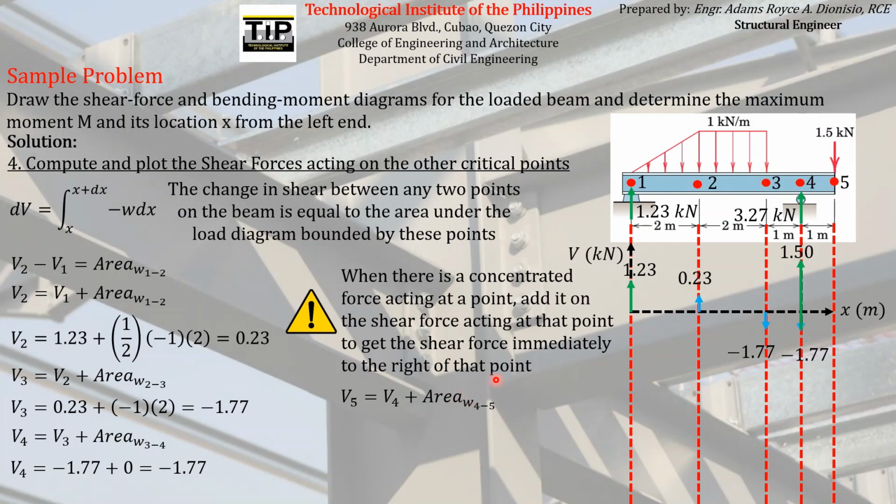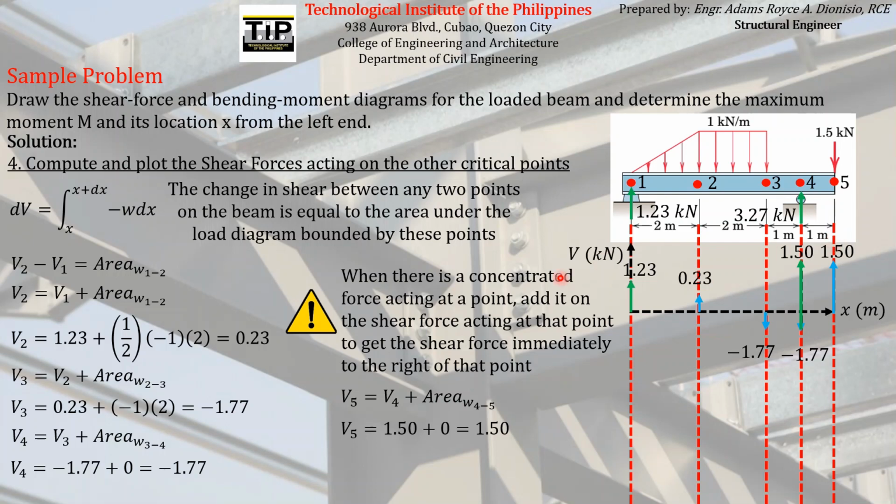So substituting those values on this equation, we can see that the shear force acting on point 5 is just equal to positive 1.50. So it must be above the horizontal axis.